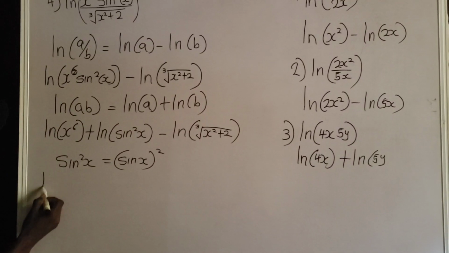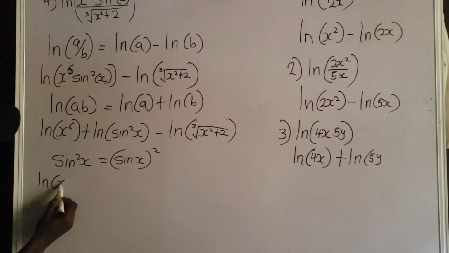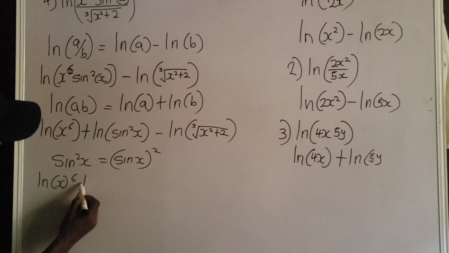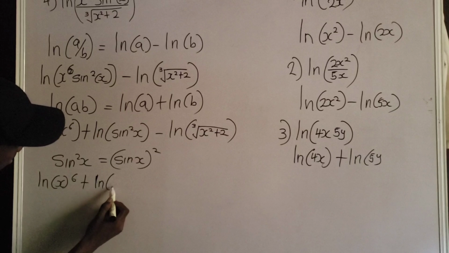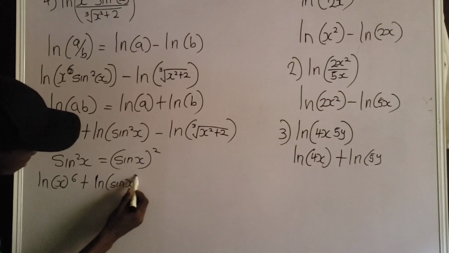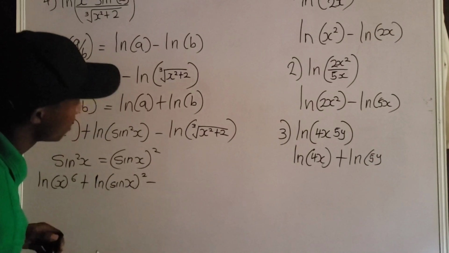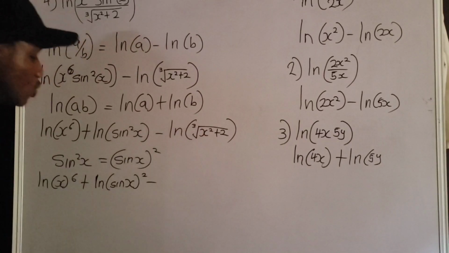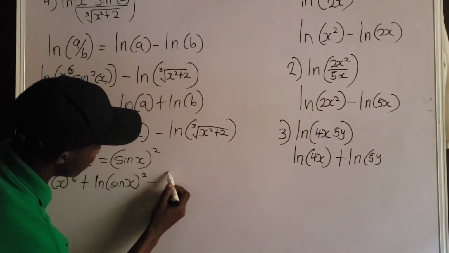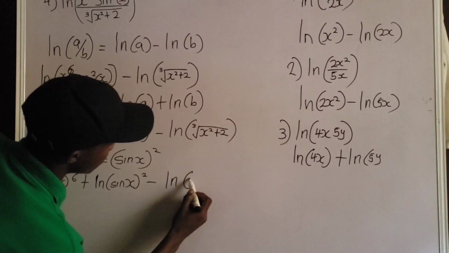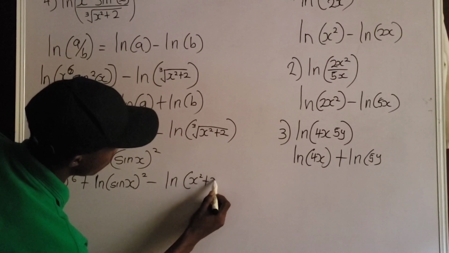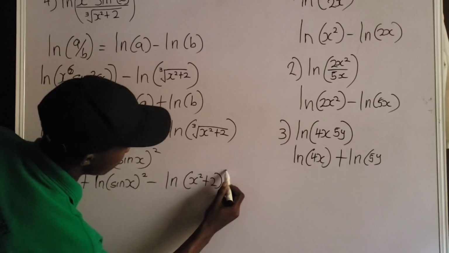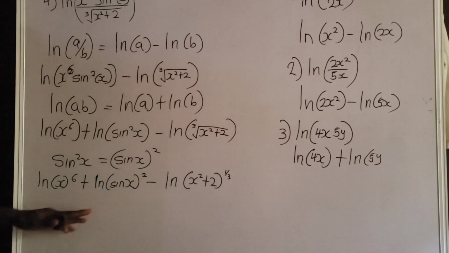For this, I'm going to have ln x raised to the power of 6 plus ln sine x raised to the power of 2 minus, you can see that this is a cube root of x squared plus 2, so I can write it as ln x squared plus 2 raised to the power of 1 over 3. I think you understand to this point.